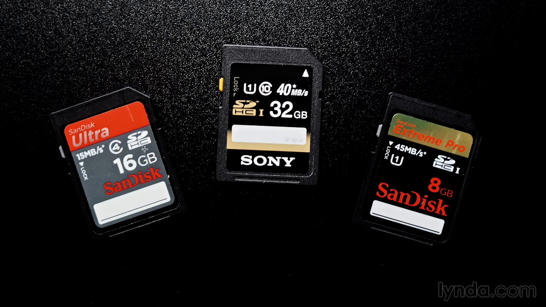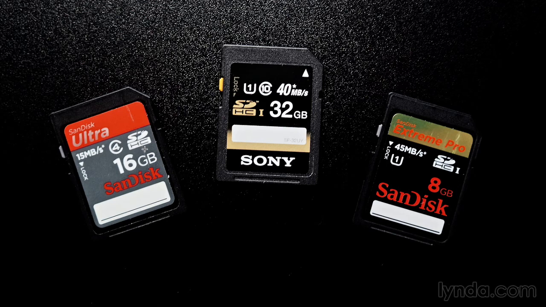There are basically 3 different designations right now. Regular SD, those are only good up to 2 gigabytes. SDHC, which are good up to 32 gigabytes. So SDHC goes from 4 gigabytes to 32. And then there's a newer standard, SDXC, and that's 32 gigabytes to 2 terabytes.